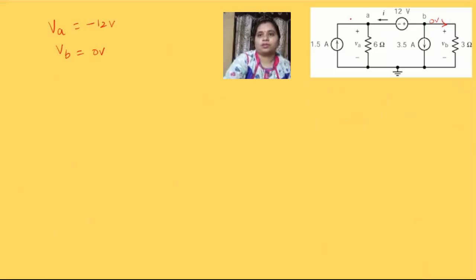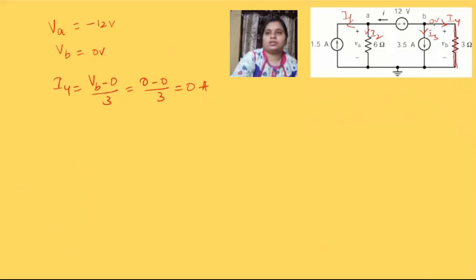So this is I1, this is I2, this is I3, and this is I4. Now what is I4? I4 is VB minus 0 by 3. As VB is 0, 0 minus 0 by 3 will be 0 amps. That means it is a short here. This is a short circuit. So the total current flowing goes into this point.